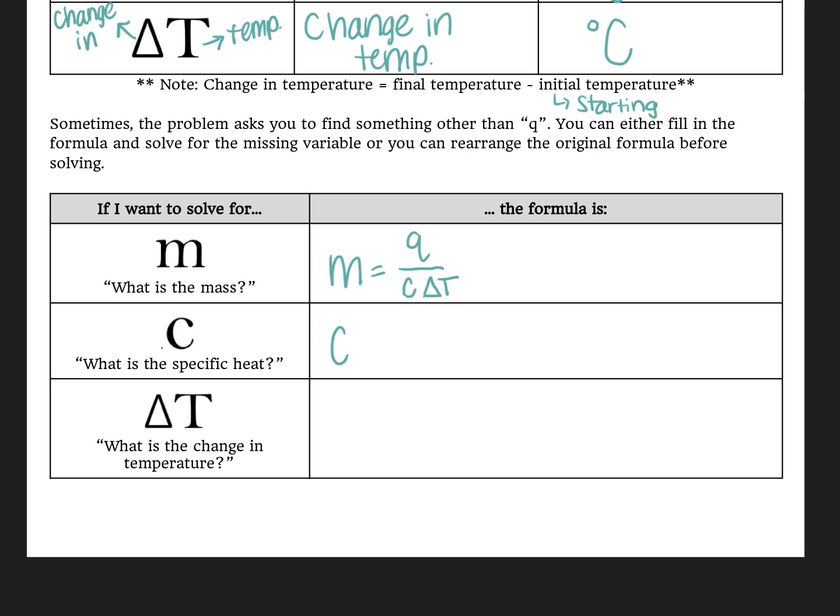We will find C. So C equals Q divided by M delta T. If the problem says, what is the change in temperature? We will use delta T equals Q over MC. Now let's take a look at the back for some practice problems.